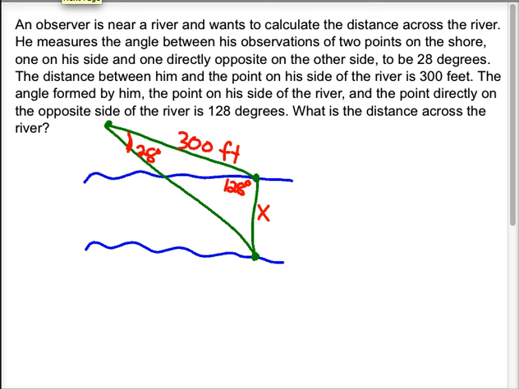And again, all you're ever doing to figure that out is taking 180 degrees, minusing off the ones that you know. So 180 minus 128 minus 28. That leaves this angle here to be 24 degrees.